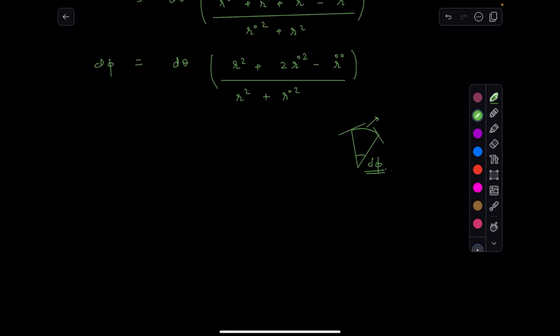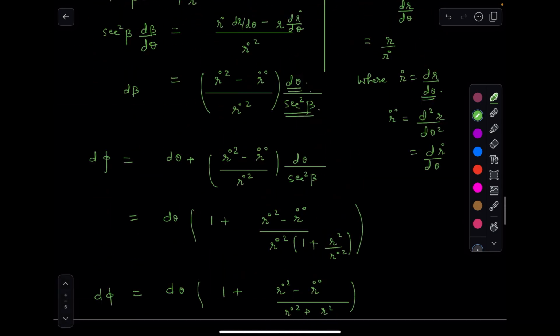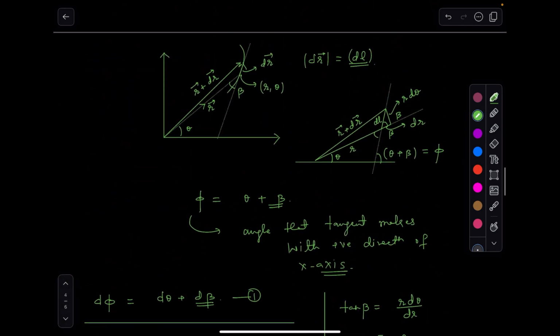This is the dl, and from the previous figure we can find dl. We can write dl as the under root of dr square plus r square d theta square. See this triangle. This dl can be written as base square plus perpendicular square.